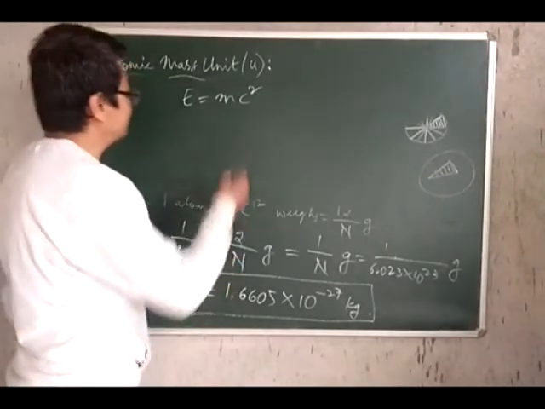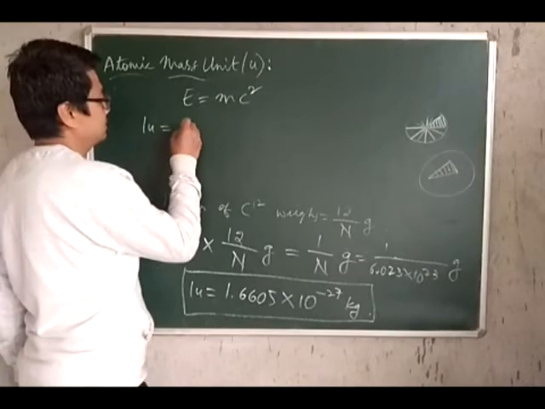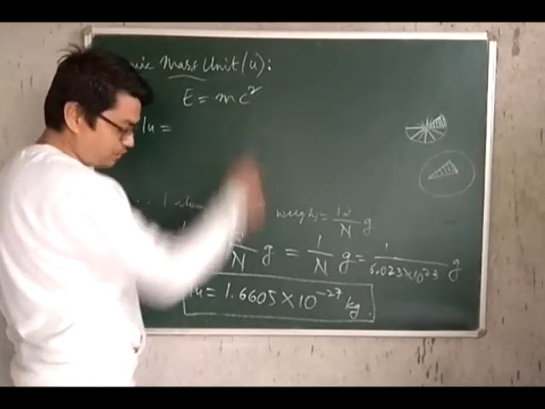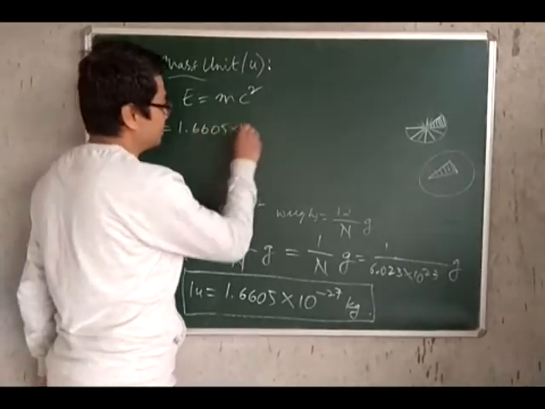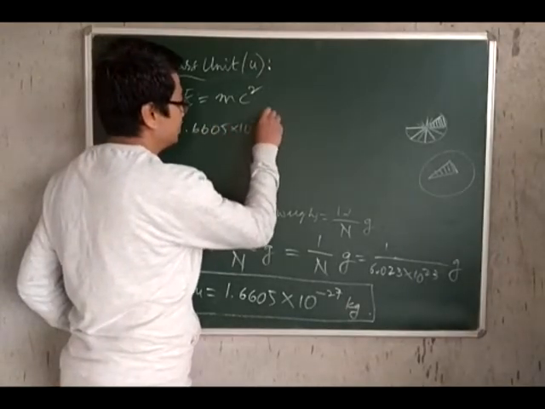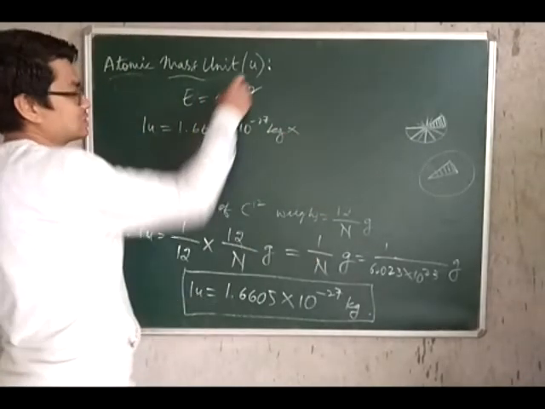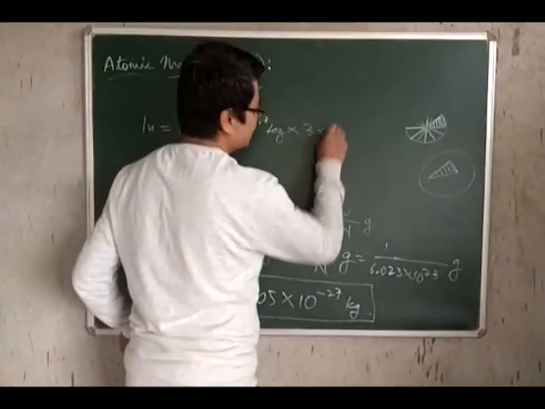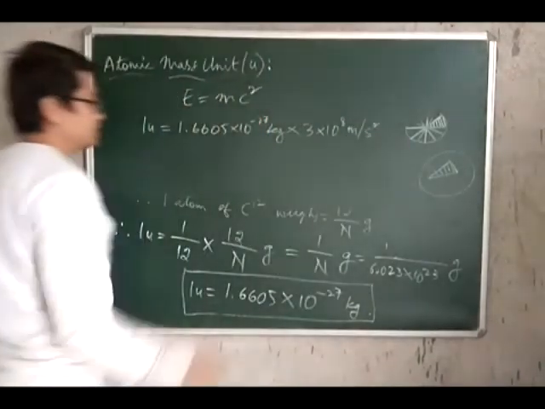In order to find that, what we do is 1U is, what is the value of m? It is 1.6605 into 10 to the power minus 27 kilograms into c squared. c squared is 3 into 10 to the power 8 meters per second, squared.